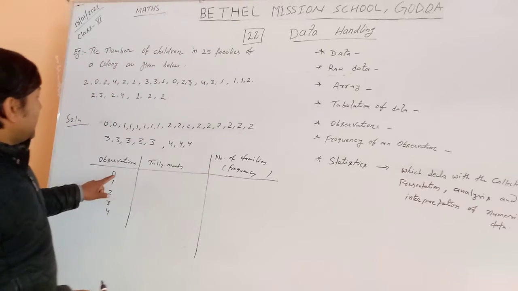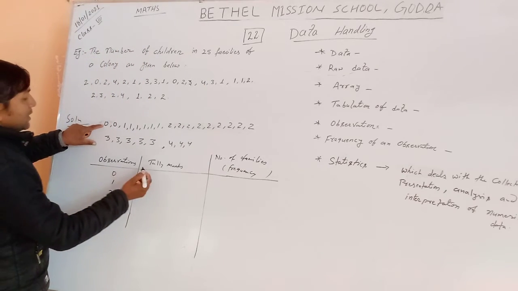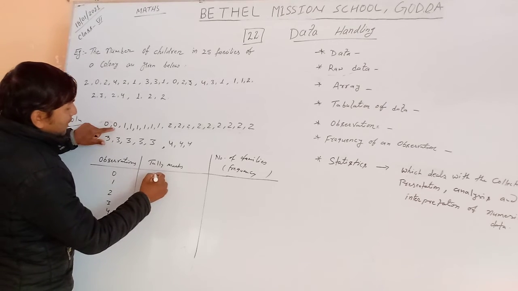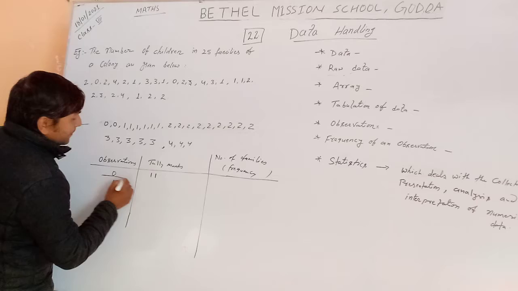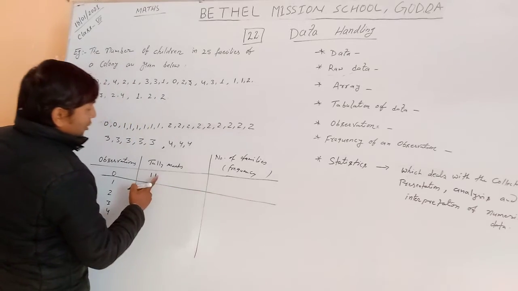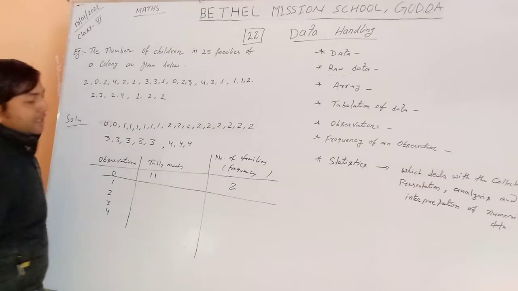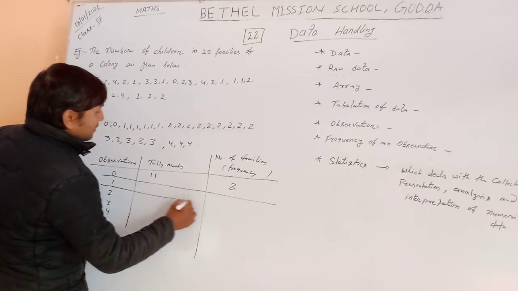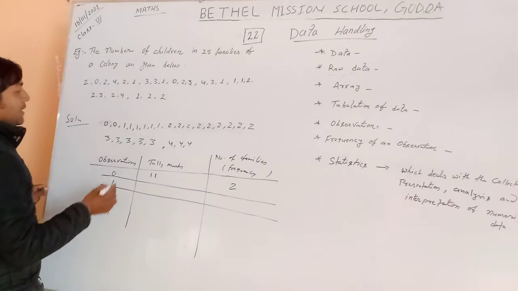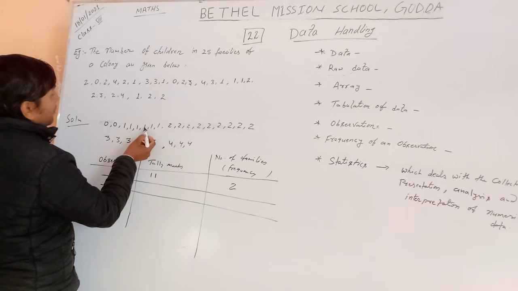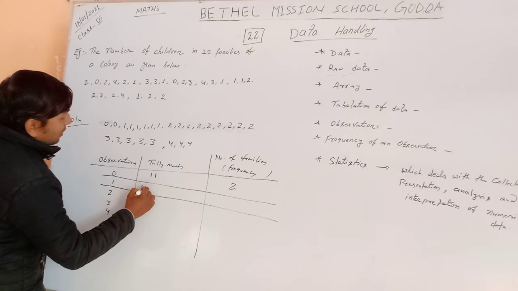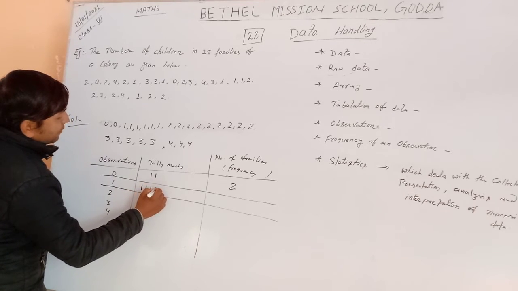If there is 0, 1, then for 1, 0, 1, 2, 0, another tally mark. Okay. How many zeros? 2. So you write down 2. And 1: how many ones have been given? 1, 2, 3, 4, 5, 6 ones. So write down tally marks 1, 2, 3, 4.